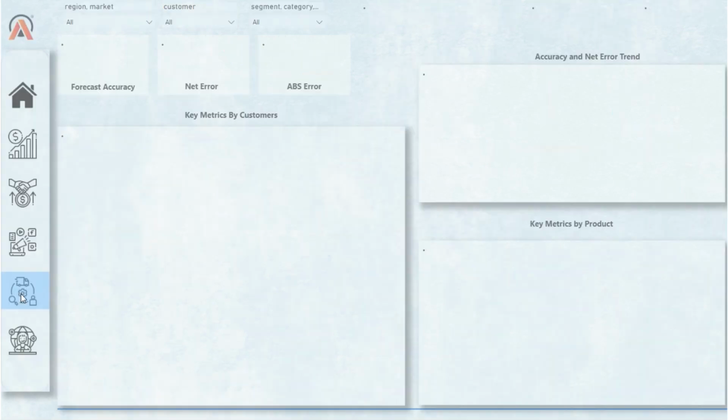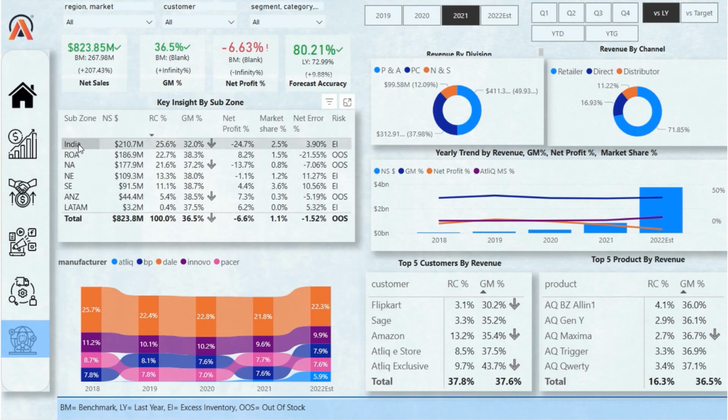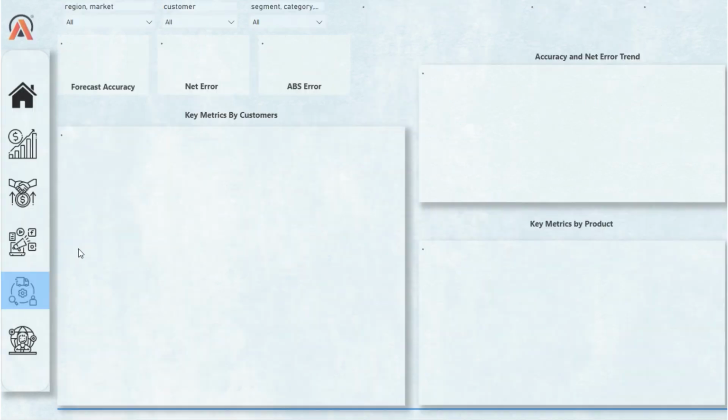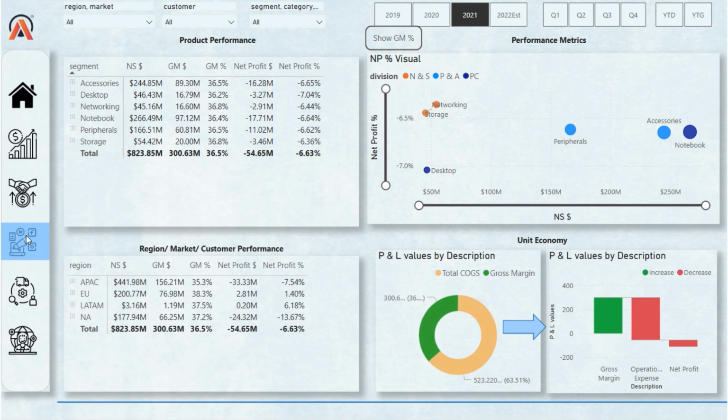If you are from a supply chain department, you will come to this dashboard. Here you can see what is happening at the supply chain level, what is the forecast accuracy that the supply chain team has, what is their net error, by how much percent they are making net errors. So this is all the data you can get here, and what is happening at the marketing level.